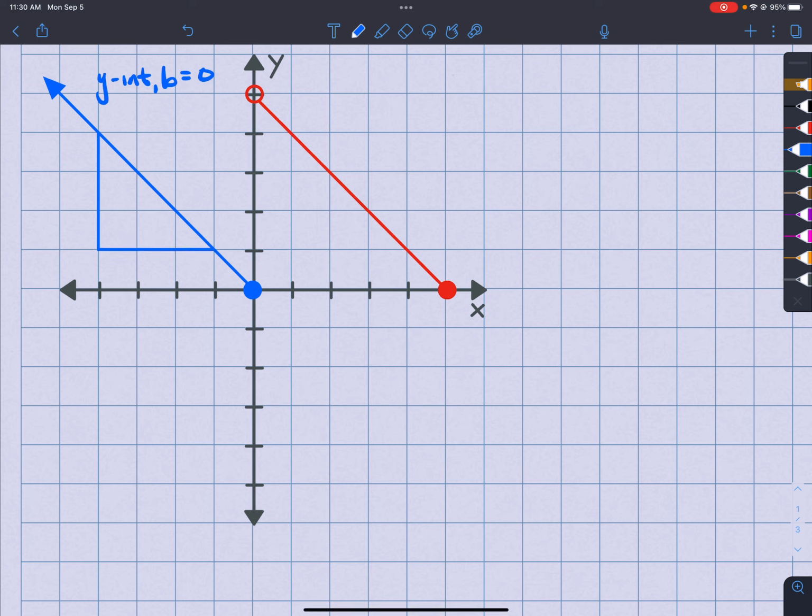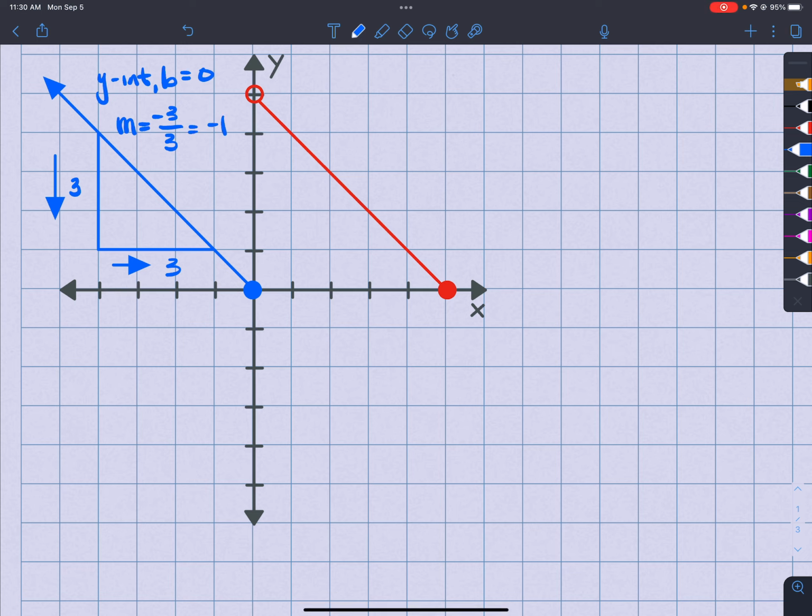If I was to go from one point to another, I had to go down 3 units, and then I went to the right 3 units, right? So my slope would be negative 3 over 3, which gives me a negative 1.